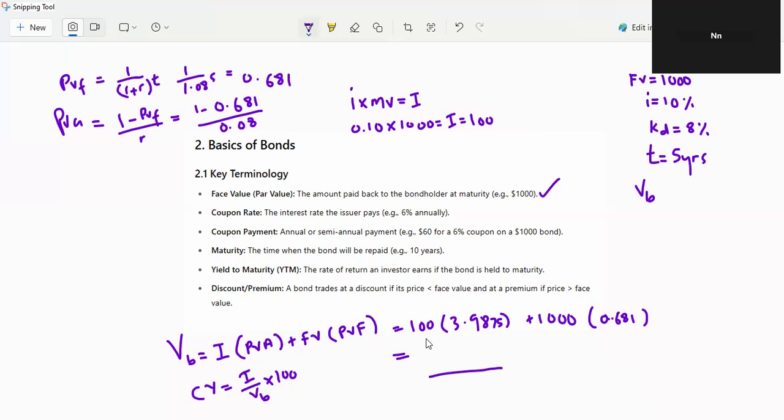It shouldn't be. 100 times 3.9875 plus 1000 times 0.681.